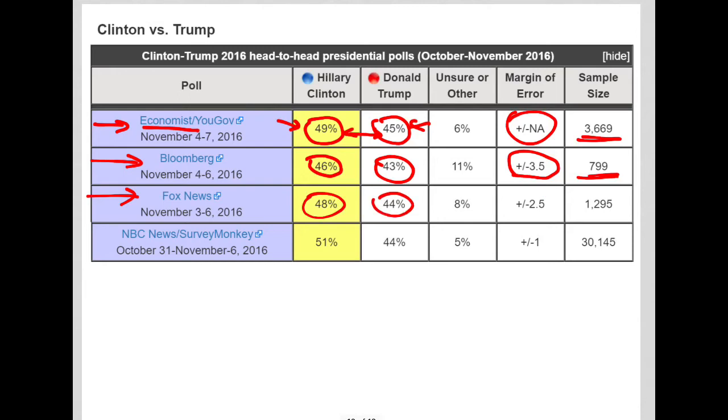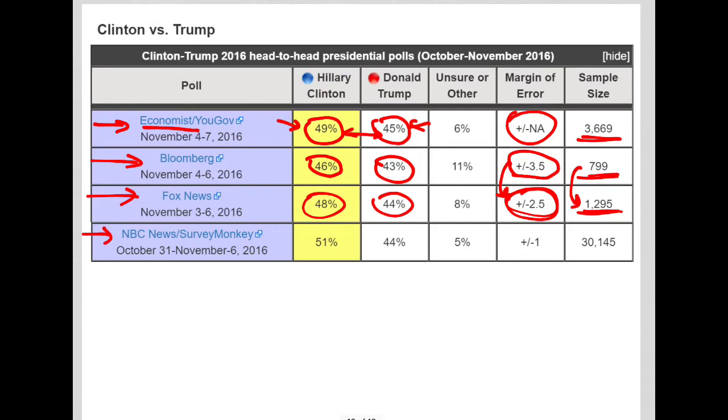They're all in the 40s, a little bit more in favor of Hillary, but their margin of error is a little bit smaller. It's plus or minus 2.5 percentage points. Well, look at their sample size. Their sample size actually went up, and that made their variability go down. So basically, they're more confident in their numbers because they're thinking it's closer to the actual true population's data.